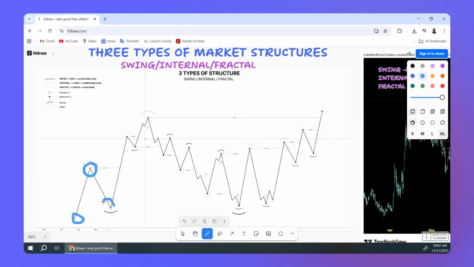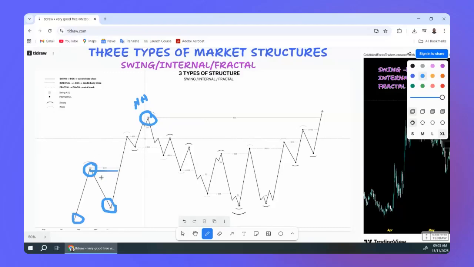And this is a swing point. And now the market moved. After this break of structure here, we see another high point. Now, this is the overall swing leg of the market structure.